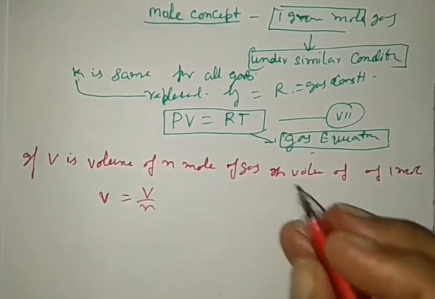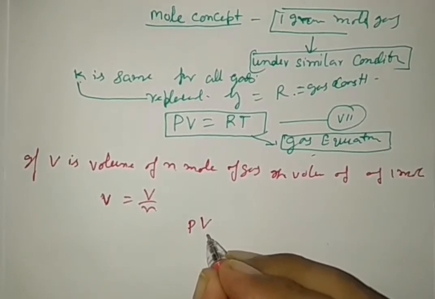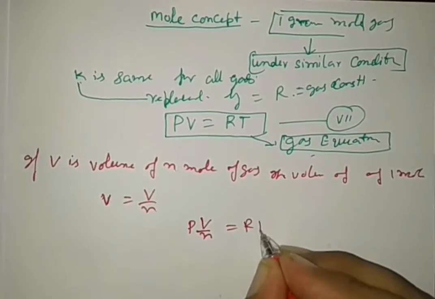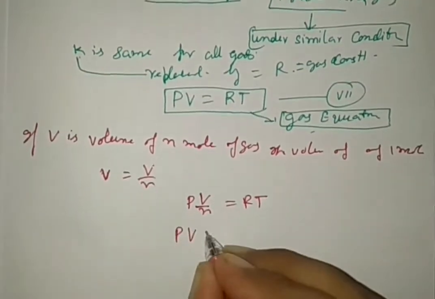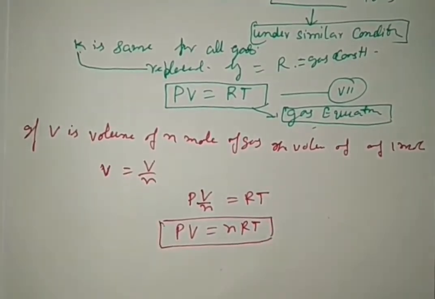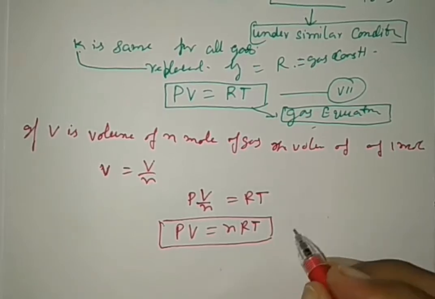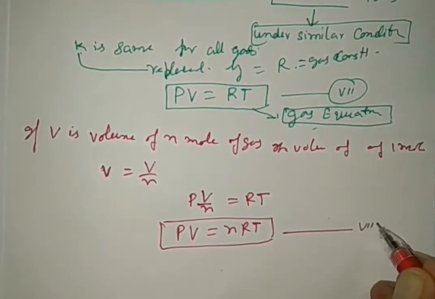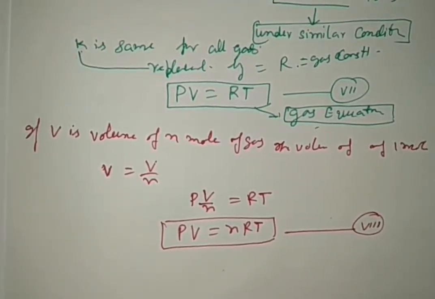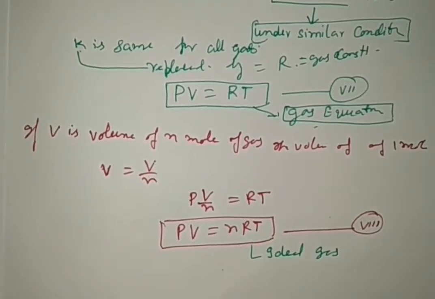In that condition, equation 7 can be written as P times capital V by n is equal to RT. This implies that PV is equal to nRT, where n is the number of moles. Right? This is the form. This is called the ideal gas equation.